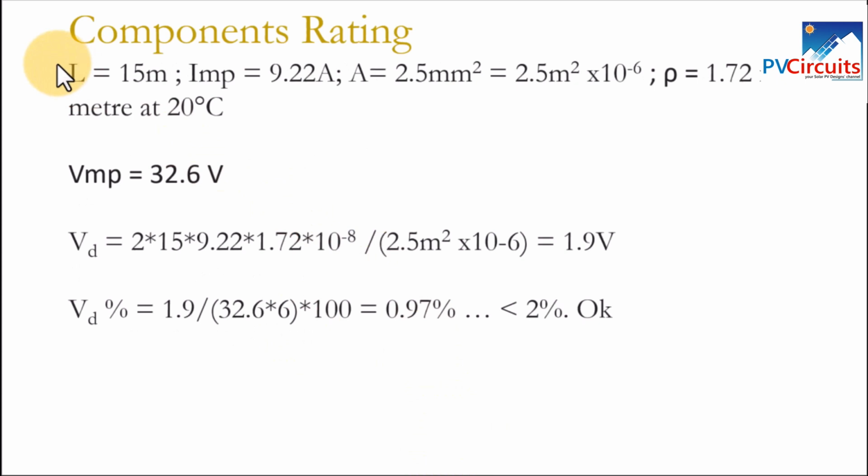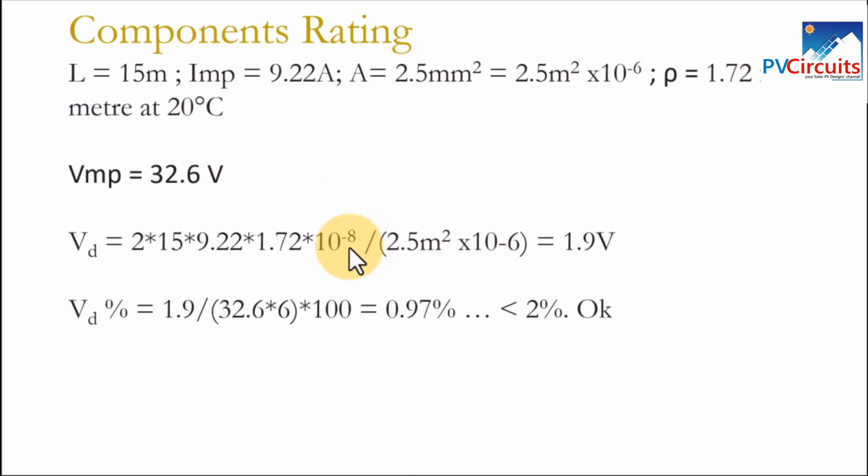So the information that we have: the length of the cable, which we are approximating as 15 meters from the roof to where the inverter will be, and the maximum power point current, which is 9.22. The cable is 2.5 millimeter square, which if you convert into meters square is this one. Then that is the resistivity at 20 degrees.